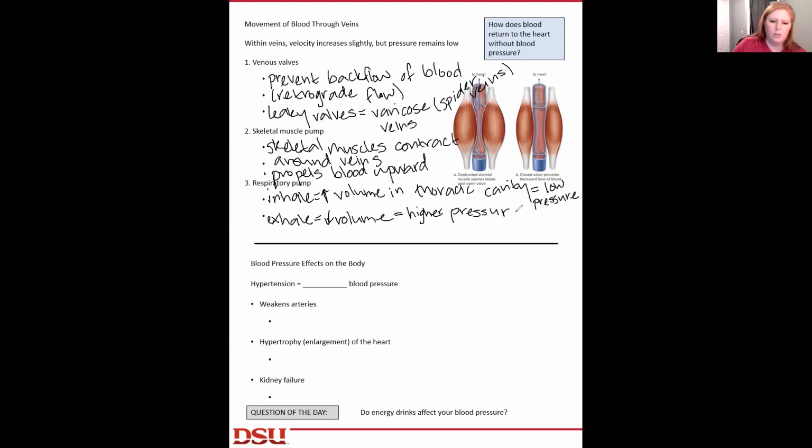And this is going to draw blood up, like sucking something through a straw. Okay, so it has that same sucking type result.